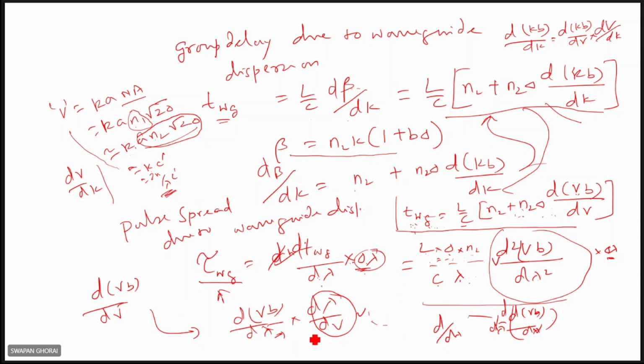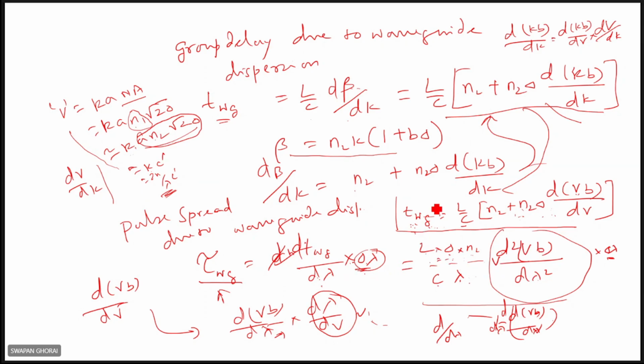And once you substitute this one, then you will get it. This d by dV, you can write in this way: dV by d lambda times d lambda by dV. So this one and d d lambda of this one will be d2V by d lambda 2. Right? This you will get.